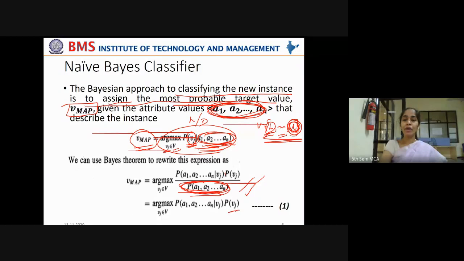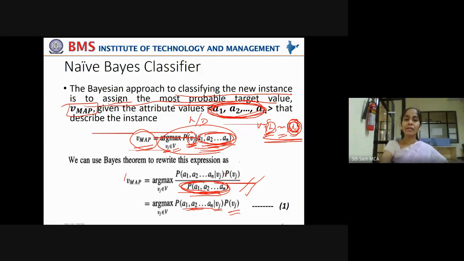So you are left with only the numerator: maximizing the probability of observing these attribute values given the outcome label, multiplied by the probability of the outcome label without considering any of the attribute values.